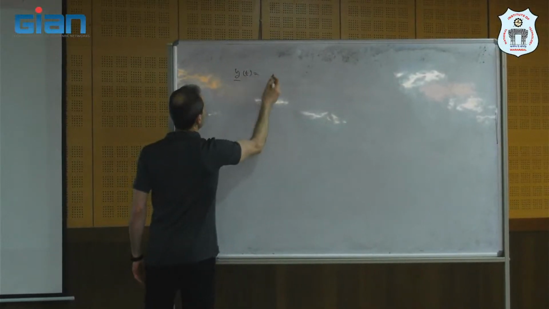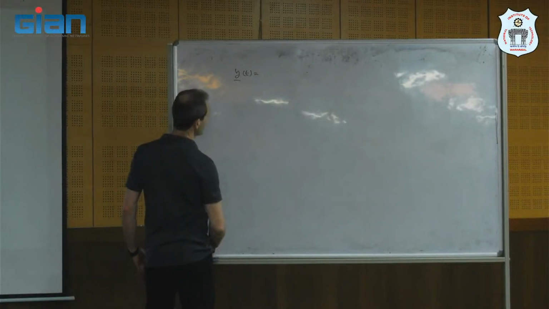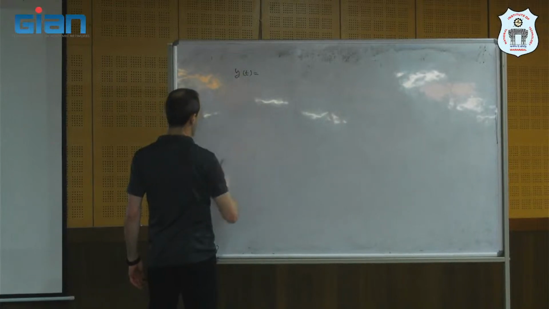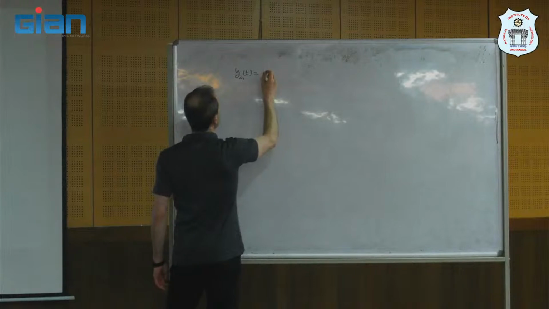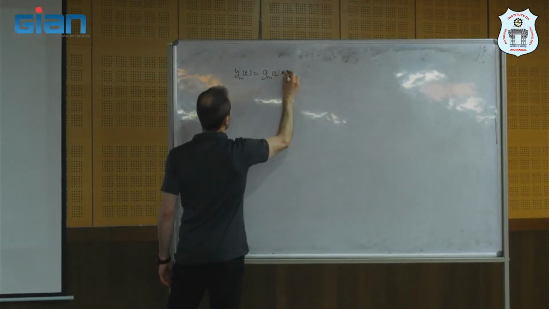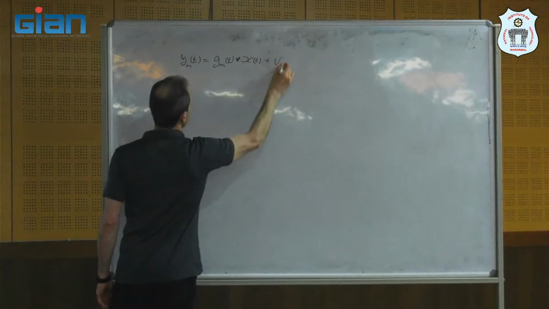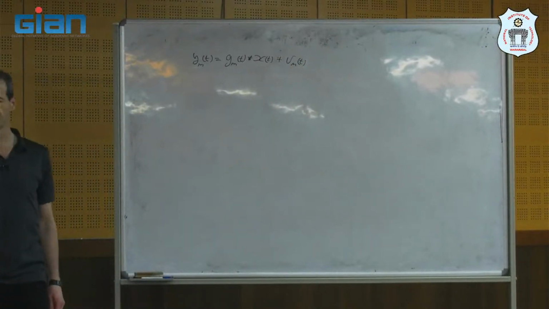In the time domain we can also work with convolution, so y_m(t) will be g_m(t) convolved with the desired source plus v_m(t). So this is the model in the time domain.